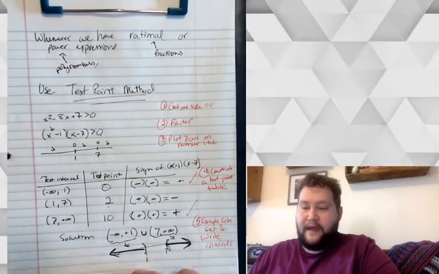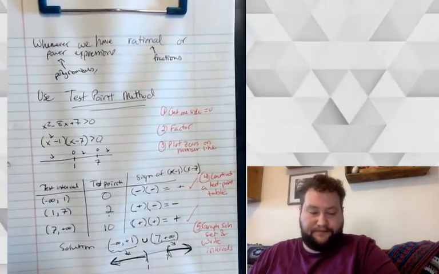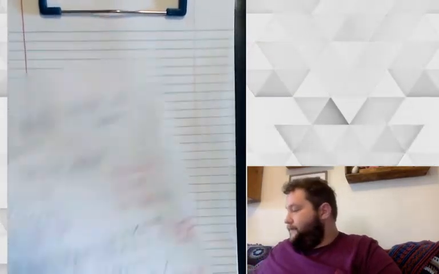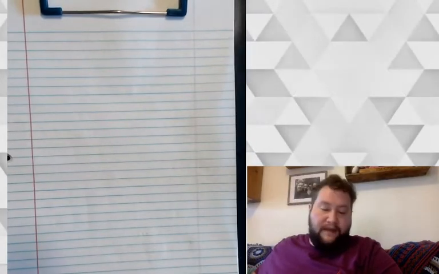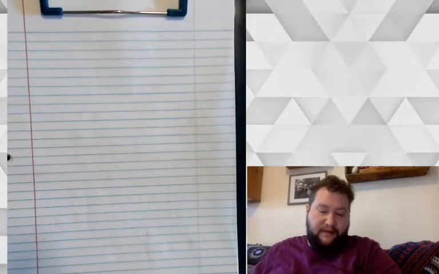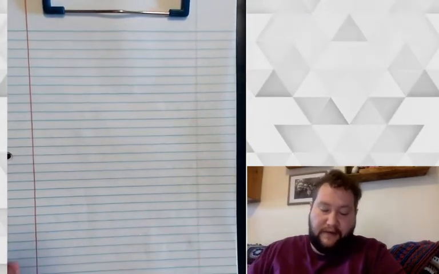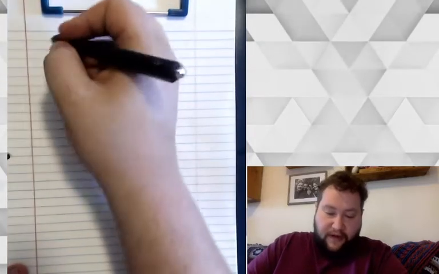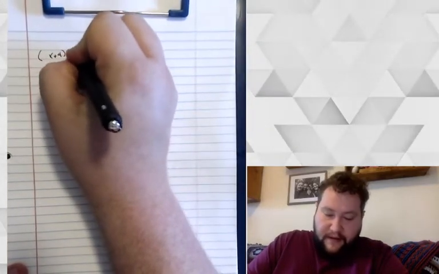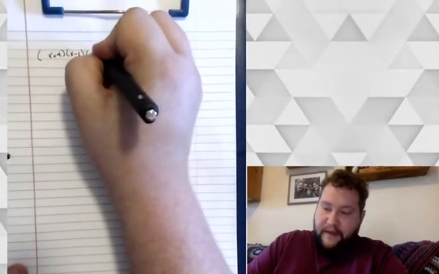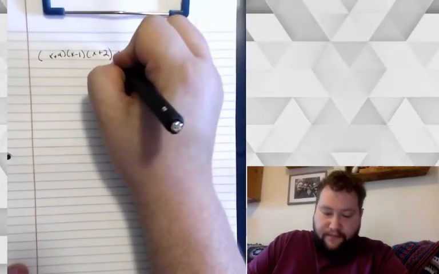So let's look at another example. In all of my examples, I'm going to have it equal to 0. That wouldn't need to be the case, or I already have one side equal to 0, but we get it equal to 0 if not. And this one's actually not too bad because we have x plus 4 times x minus 1 times x plus 2 is less than or equal to 0.